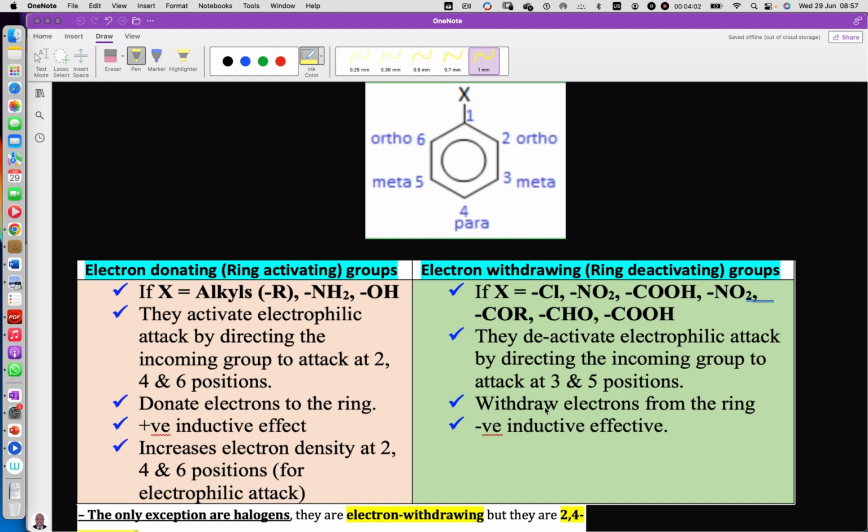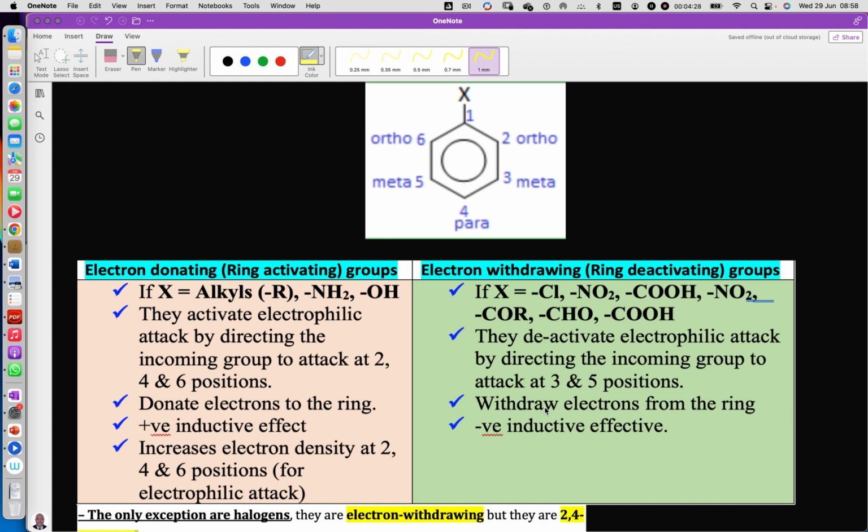I said if X is an electron donating group, it will direct the incoming group to the 2, the 4, and the 6 positions. And they activate the benzene ring by increasing the electron density, or the negative charges, on these positions.